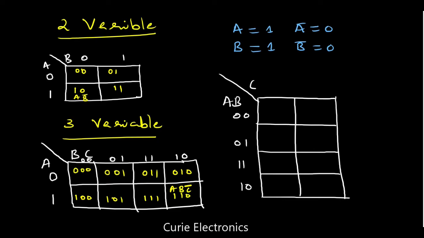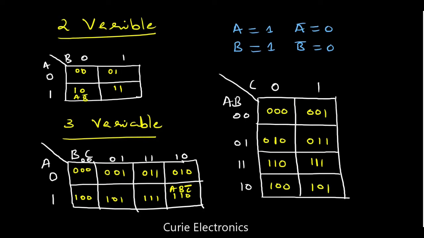What about C? C can take only 2 values, 0 1. So now we can write the cell values or min terms: 0 0 0, 0 0 1, 0 1 0, 0 1 1, 1 1 0, 1 1 1, then 1 0 0, 1 0 1. This is for the 3 variable.